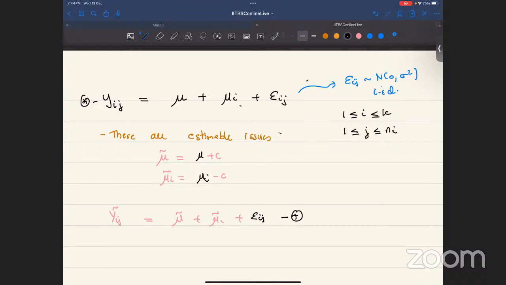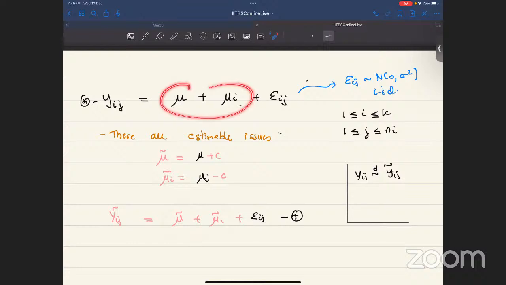The issue is that y_ij has the same distribution as y_ij tilde because the models are the same. Even though I've written it differently, mu plus mu_i tilde is the same as mu plus mu_i. Thus you cannot estimate every parameter unless you have some conditions.